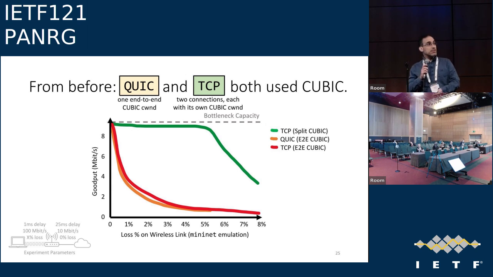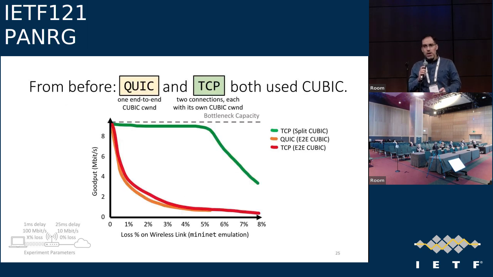And this split TCP connection does very well. Now this is fair. This obeys the host requirements document. But the splitting middle box here is doing a lot of assistance by allowing the sender to perceive very quickly when a packet was lost on that near path segment and retransmit it.